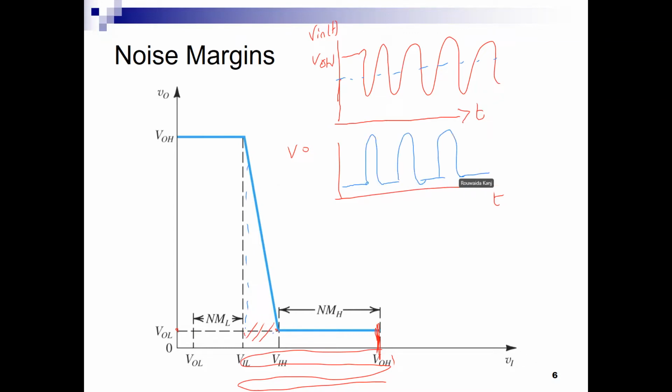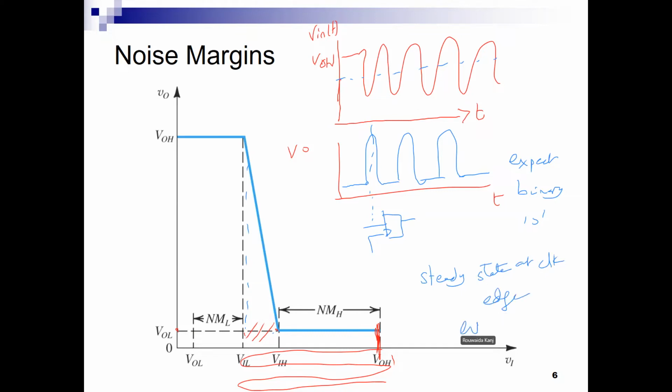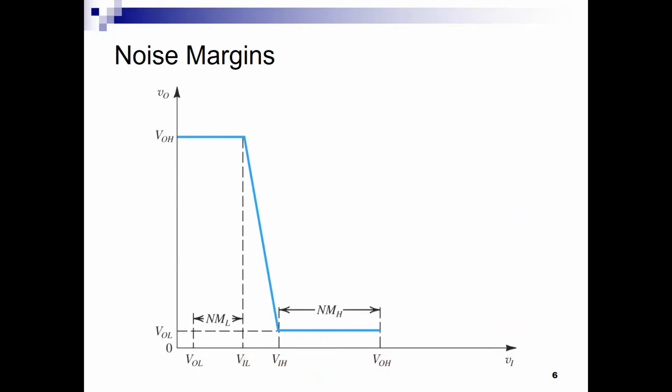Well, isn't this dangerous for the circuit? It is no longer binary. I'm expecting binary 0 at the output, but I'm getting pulses, and those pulses, if the latch happens to be, if the clock is latching the output at this time, I interpret a different logical output, right? In the end, the steady state value at the clock edge is what gives me the evaluation of the processed function, right? So the noise in this case can be dangerous, so we better restrict any noise at the input.